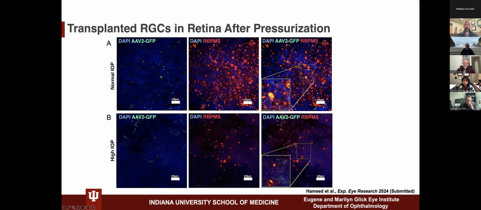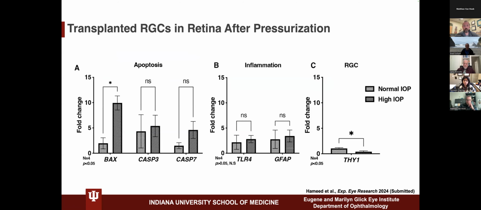As you can see, there are more cells in the normal IOP versus the high IOP. Even the resident retinal ganglion cells are pretty much dying by that, and this is at 7 days after perfusion. So we see a lot more cell death after the transplantation too, and less survival basically. I'm going to stop sharing.